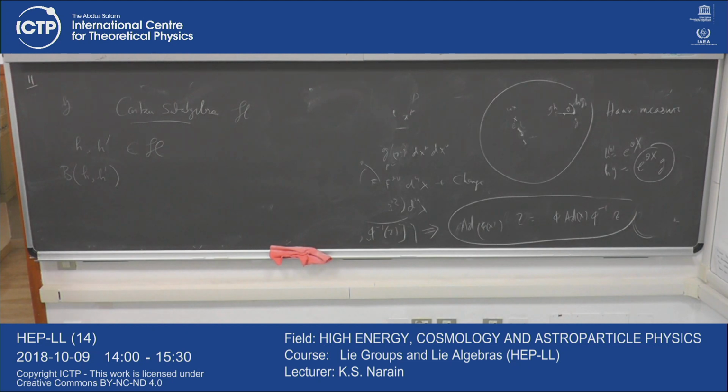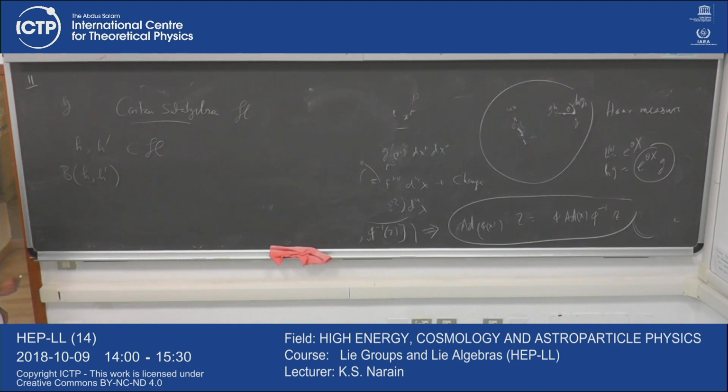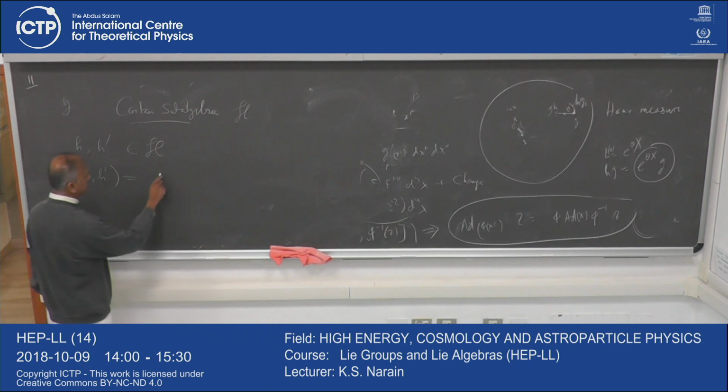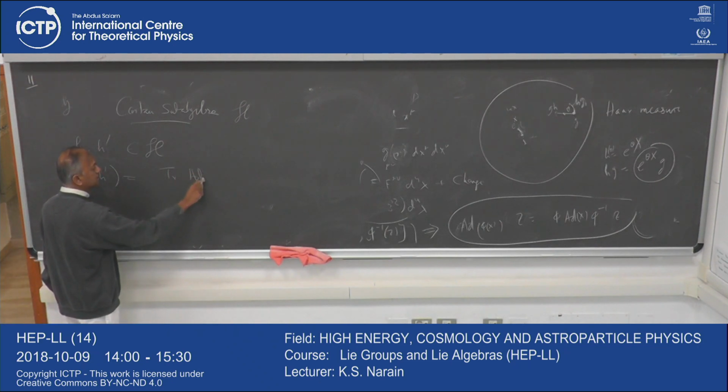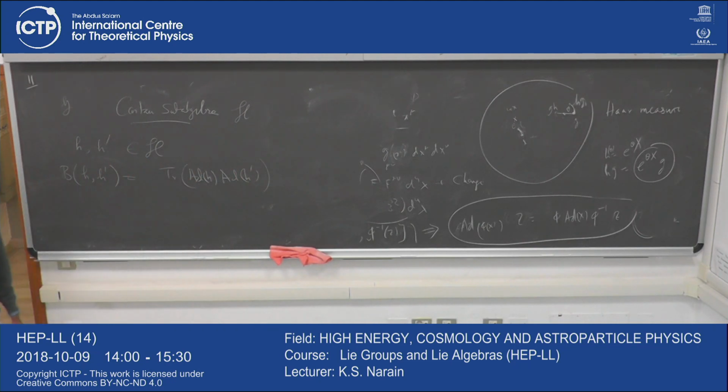So how will I do this? By definition, it's nothing else but the trace of ad h ad h prime. Now, we have already seen that since the h's are in the Cartan, you can always diagonalize them in terms of eigenstates, in the adjoint representation.